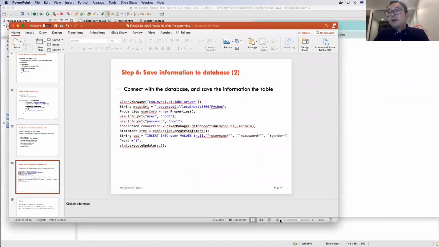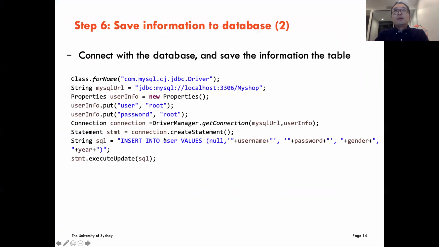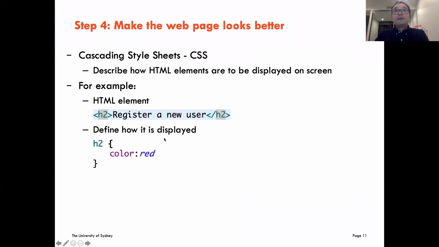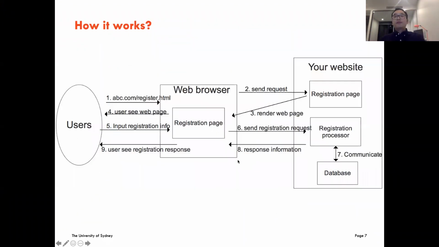Let's go back to this page and refresh it again. So now we can see that when the user accessed the register form and opened this page on the web browser, we are able to input the gender, the username, the year, and passwords, and submit this request to the registration processor.